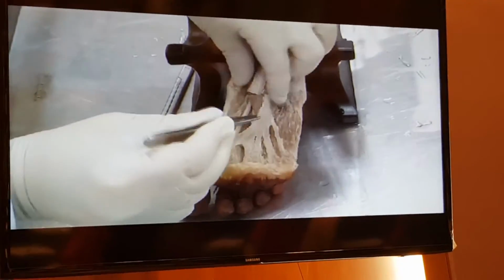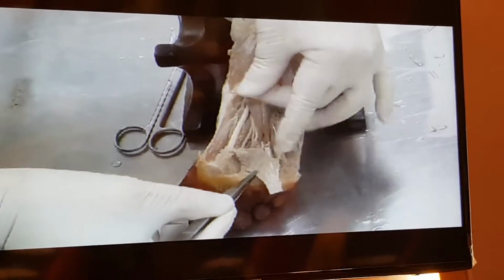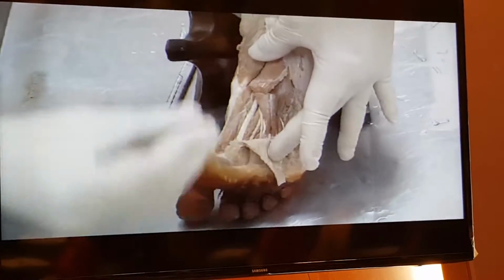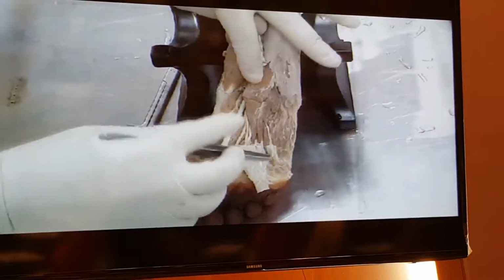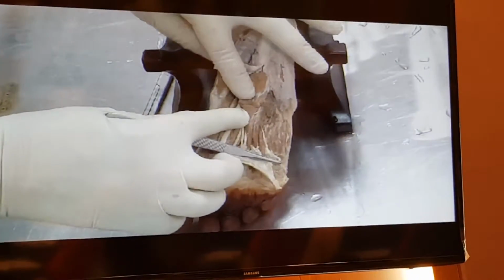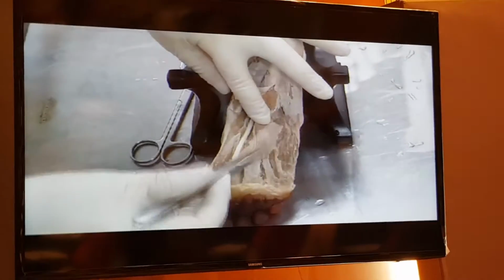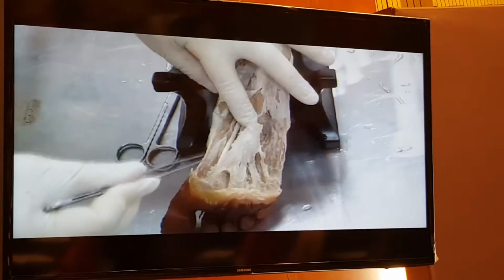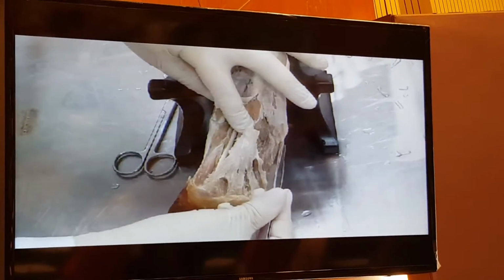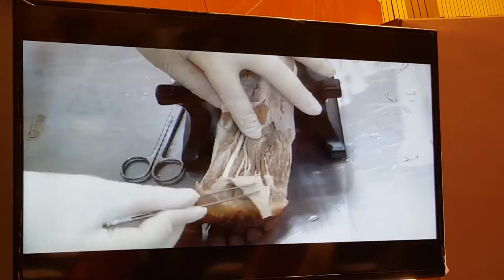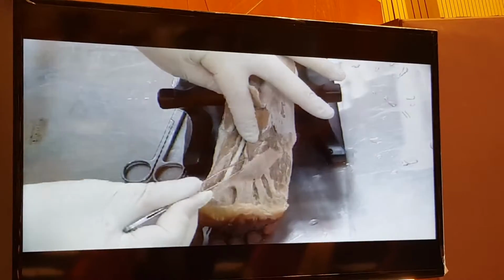In the first layer, in between you have the flexor digitorum brevis muscle. So in the first layer, you have abductor hallucis, abductor digiti minimi, and then flexor digitorum brevis muscle.